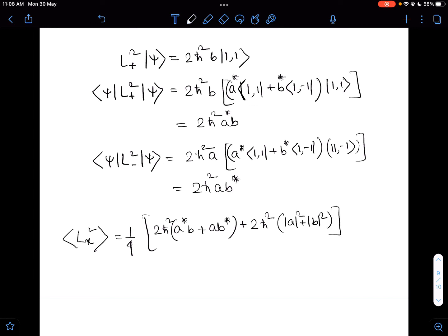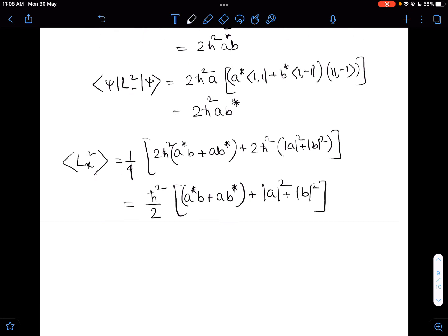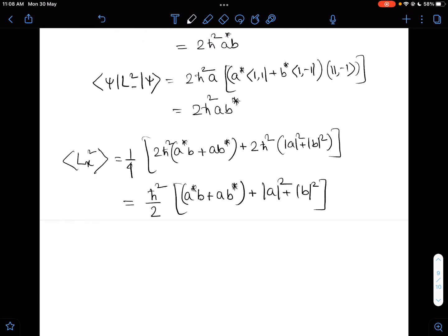If we simplify this, we basically get ħ squared by 2 times A star B plus A B star, and here we have A squared plus B squared. So this is our expectation value of Lx squared.